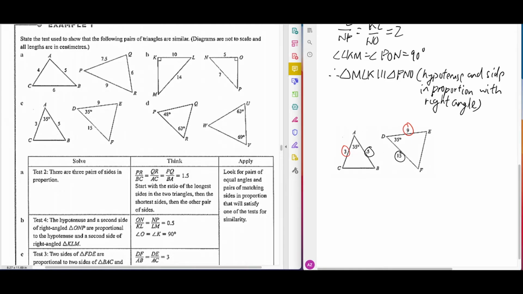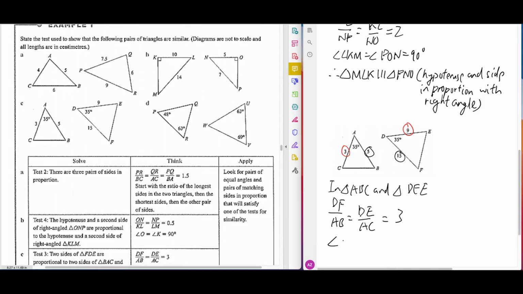So we know that the ratio of the two sides are equal, and then the included angle is also equal. So this is kind of similar to SAS in congruency, except this is for similarity. So how should we write that? We can just say in triangle ABC and triangle DFE, DF divided by AB is equal to DE divided by AC, which equals 3, right?